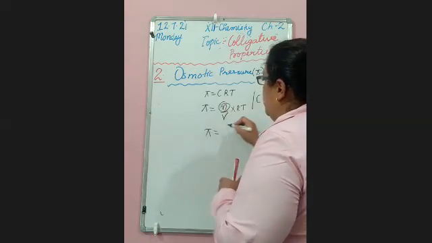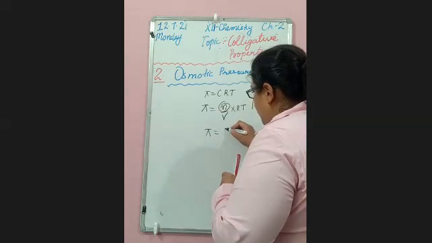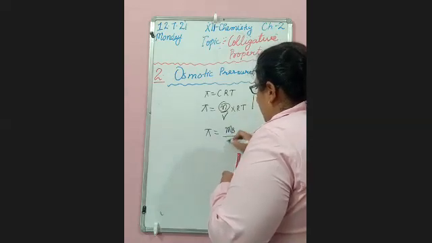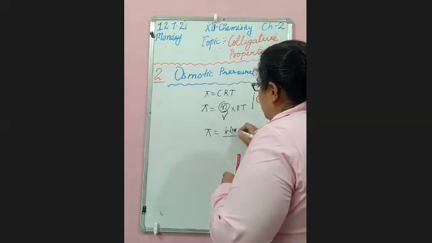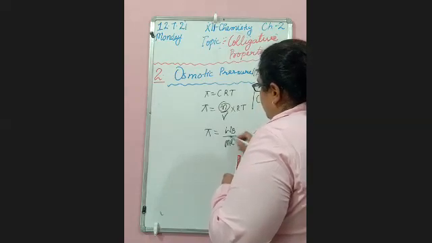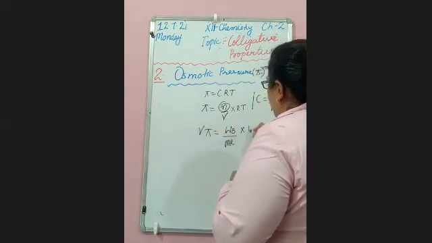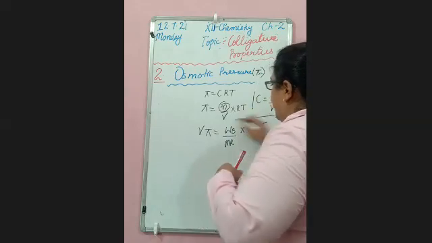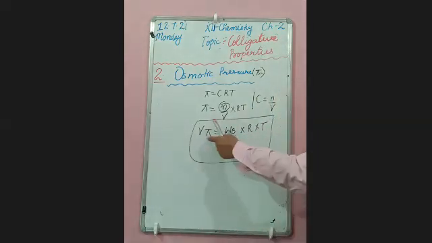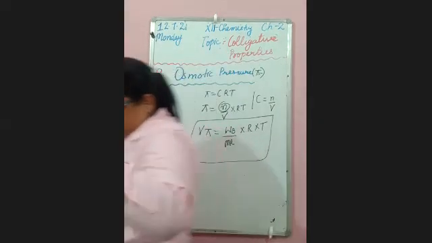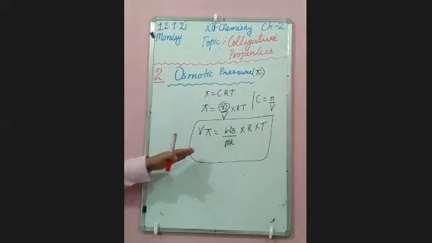It is also given mass over molar mass, into RT. As this osmotic pressure depends upon the number of moles of solute, you can say that it is also a colligative property.